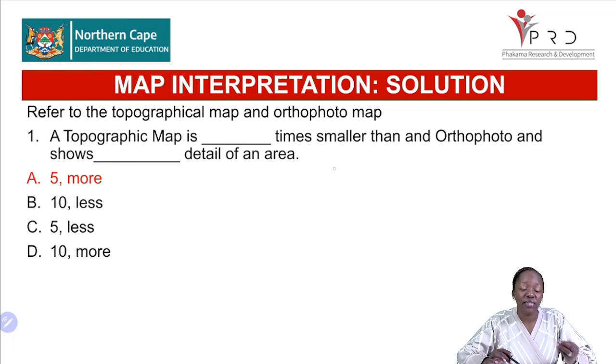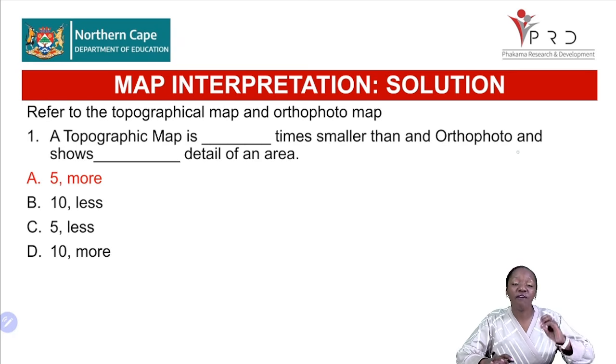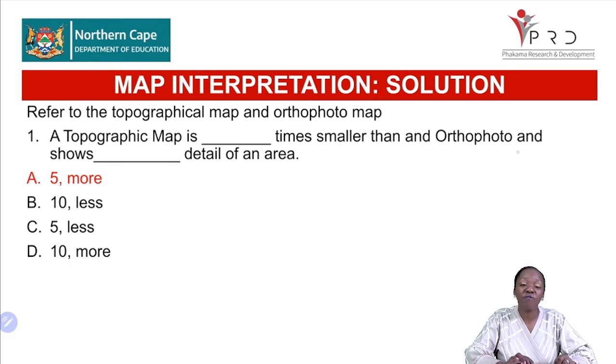What does it say? It says it has been reduced 50,000 times. Then you look at your orthophoto map, where the scale is 1:10,000, which means it has only been reduced 10,000 times. So if we compare the 50,000 versus the 10,000, it gives you a difference of 5. So it is 5 times smaller.